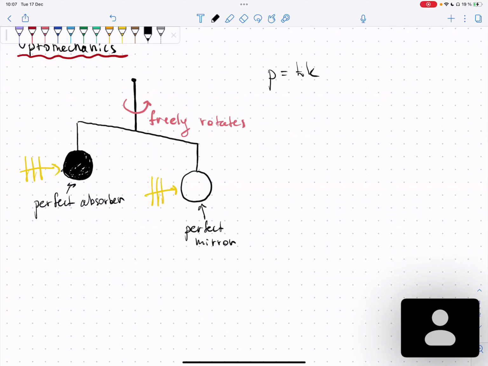The momentum of light is proportional to the average Poynting vector, equal to 1 over c squared, if I remember correctly.